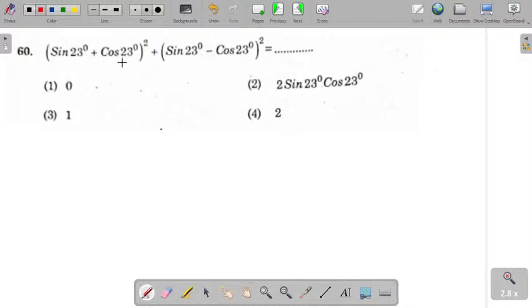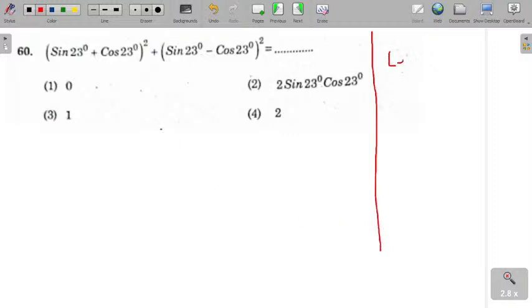(sin 23 degrees + cos 23 degrees) whole square + (sin 23 degrees - cos 23 degrees) whole square is equal to. So my dear students, let us say this 23 degrees is equal to theta. So let us replace it, no problem.